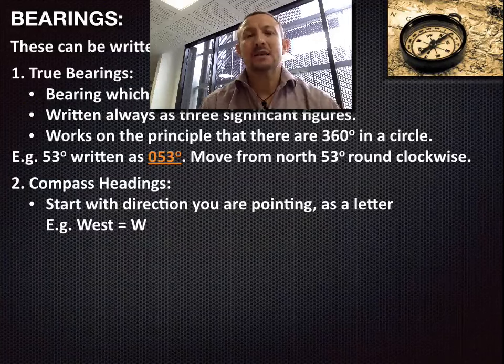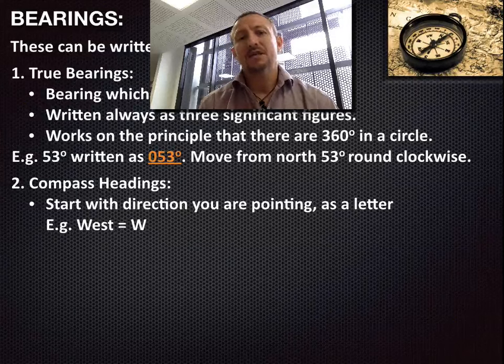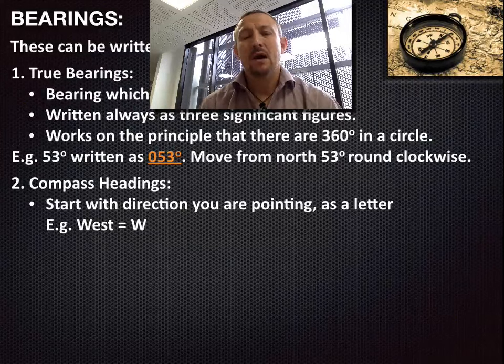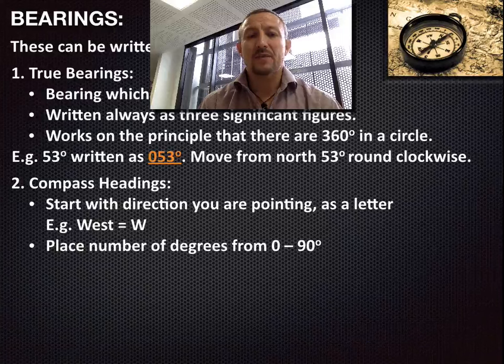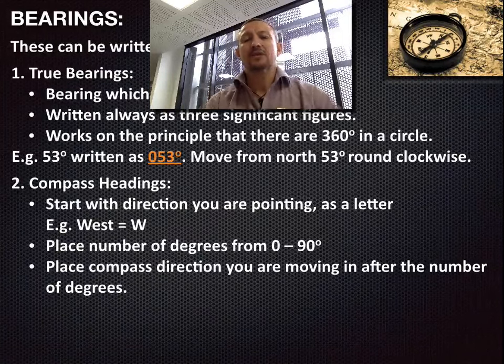Then I work out the angle which I turn through between 0 and 90 from the place where I'm facing. I place my angle, and then I talk about the direction in which I happen to be moving.